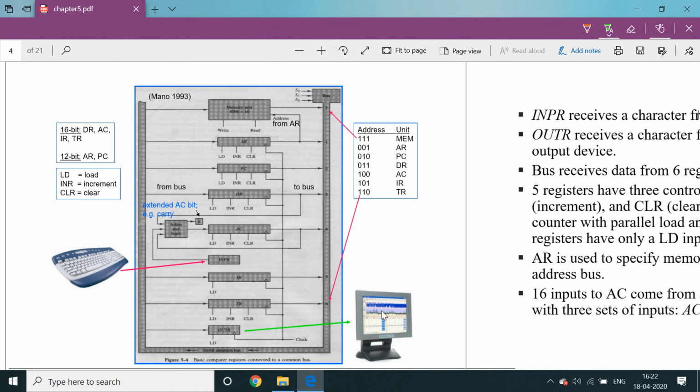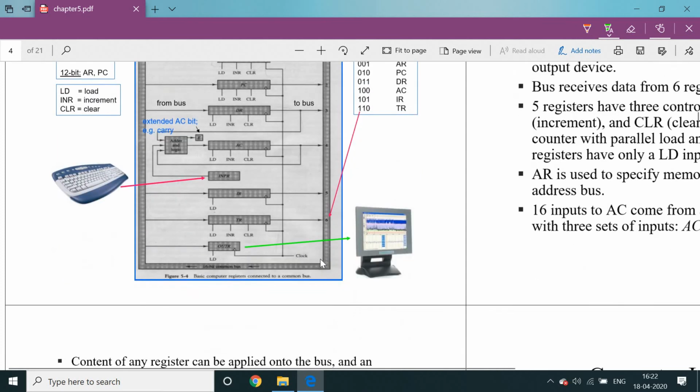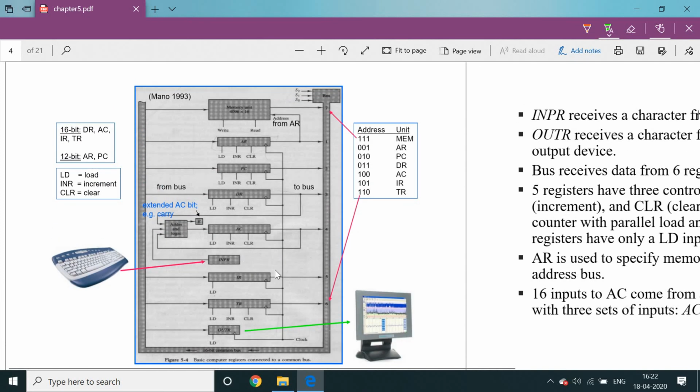Here the input device and output device are the external world of the processor. In this diagram there is no operation as such, but we see how we load the information, how data is stored to the common bus, and how it is read from the common bus into the registers.